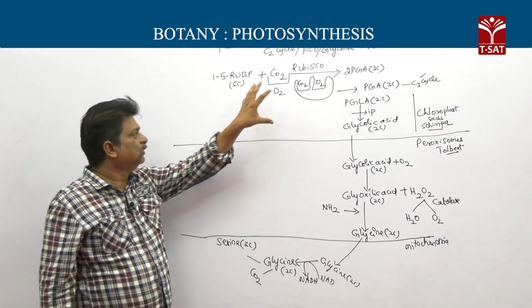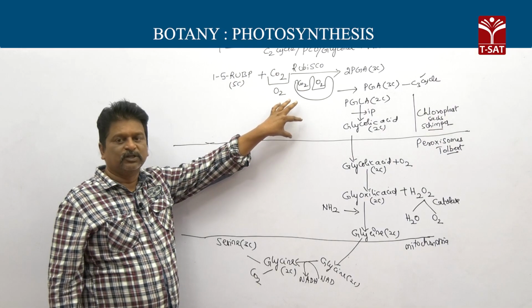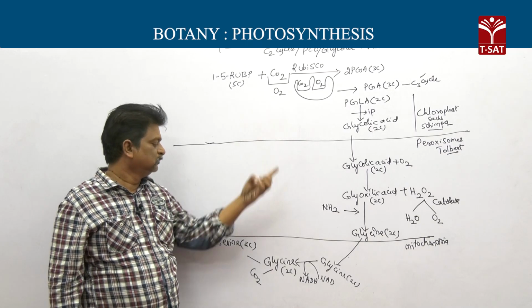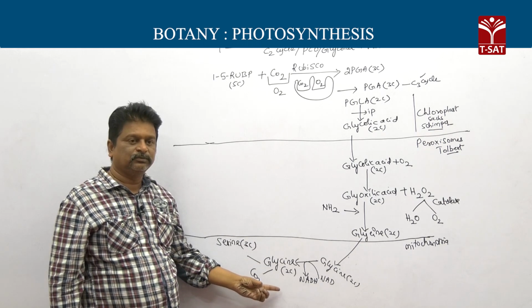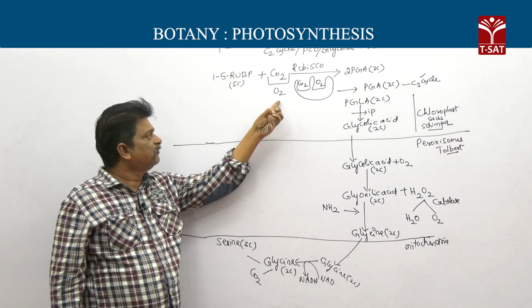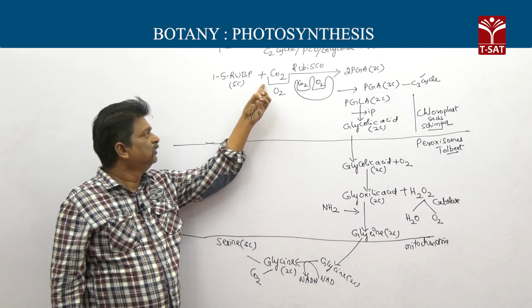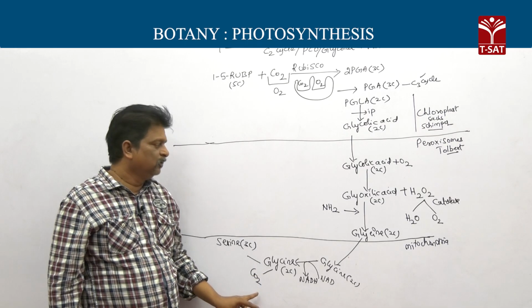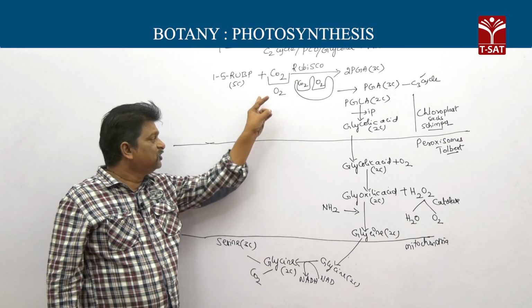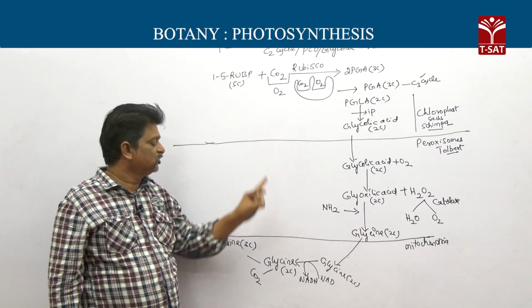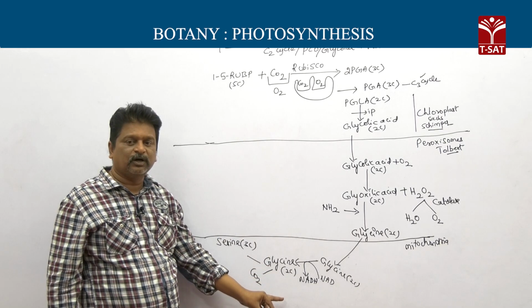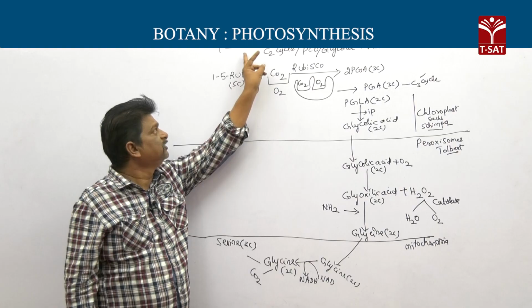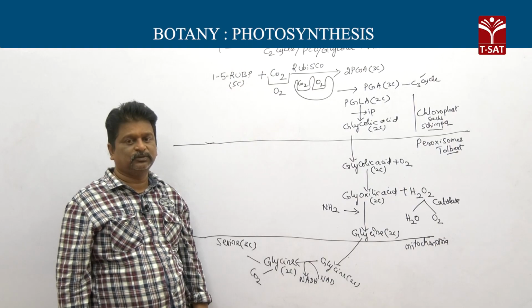Actually, respiration means oxygen is fixed and carbon dioxide is released. Here, this oxygen fixation occurs in chloroplast, but carbon dioxide is released in mitochondria. But this intake of oxygen and liberation of carbon dioxide occurs only in presence of light. Hence, it is called photorespiration.